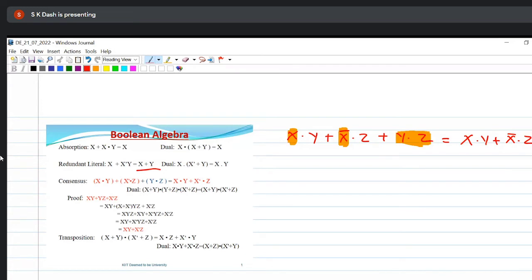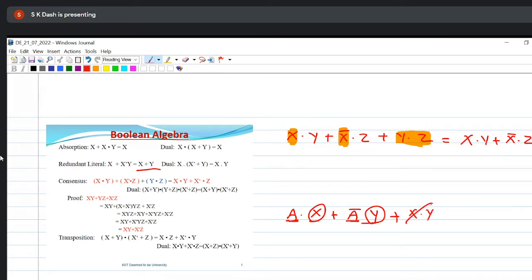Now suppose I write a here. In the second term I write a bar. Whatever variable is present here, its complement is present in the second term. Apart from this, suppose here we have x and there we have y. The third term then has the remaining variables multiplied.